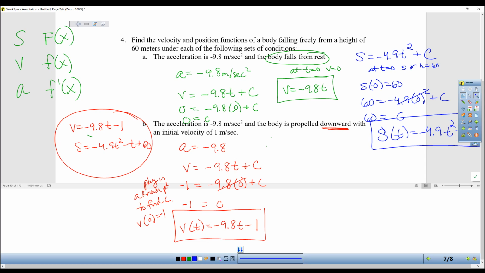And now I'm going to do my S equation. Same thing. I've got to do the antiderivative. I've got to figure out what would have made negative 9.8 t, negative 4.9 t squared. So the trick for that is to raise the power by 1. So it was t to the first, now it's going to be t squared, and then just divide by your new power.